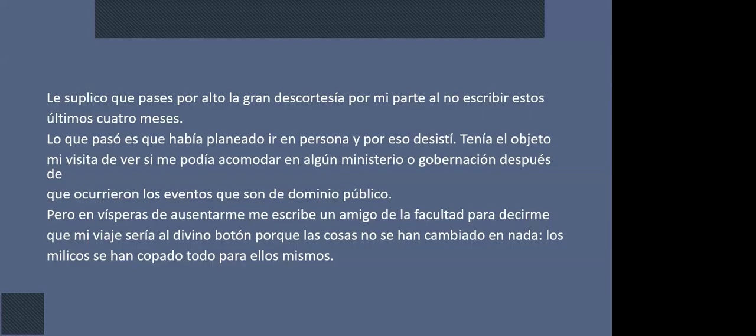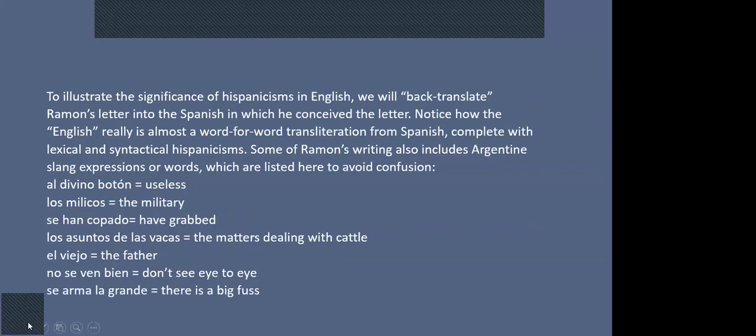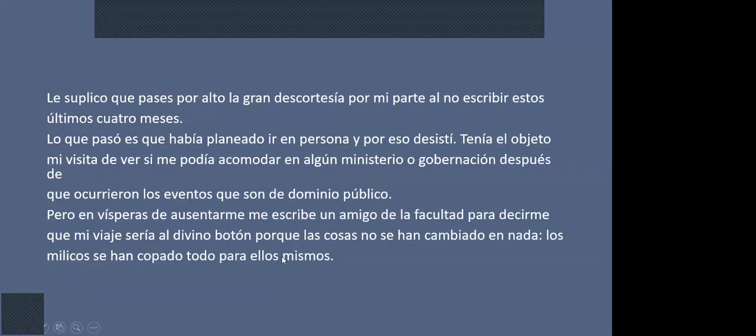When I was about to depart, a friend of the faculty wrote to me to tell me that my trip would be, I'll call it Divino Botón. That'll be pretty much like, let me see. Let me go back a bit. Sería inútil, right? Because things haven't changed at all.